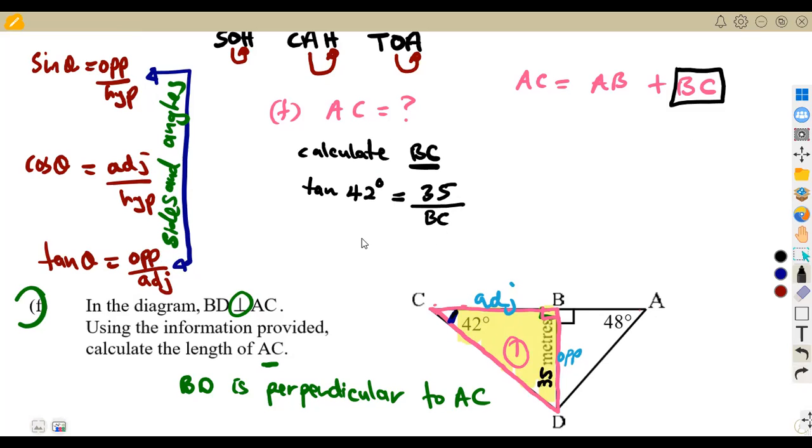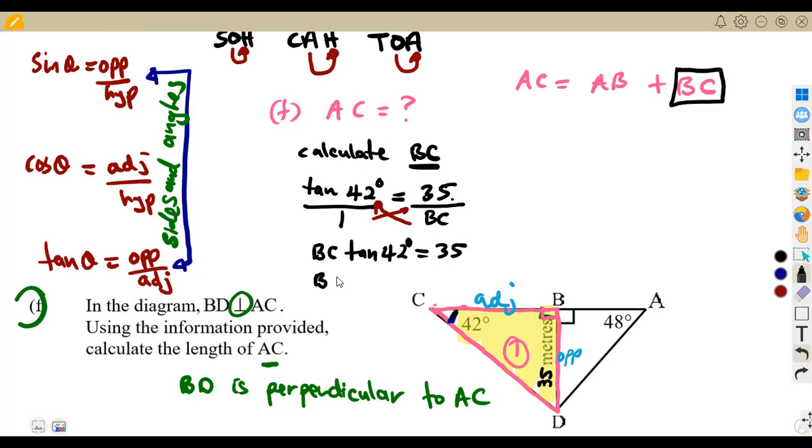So we have formed an equation where we can solve for BC. This is the same as over 1, so we can cross multiply. BC times tan of 42 degrees is equal to 1 times 35, which is 35.